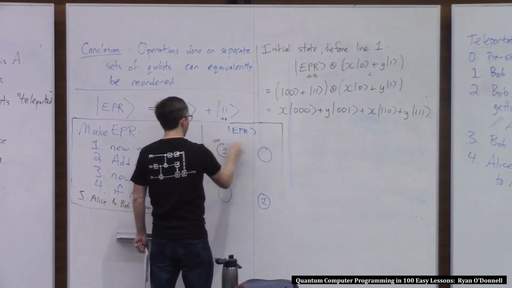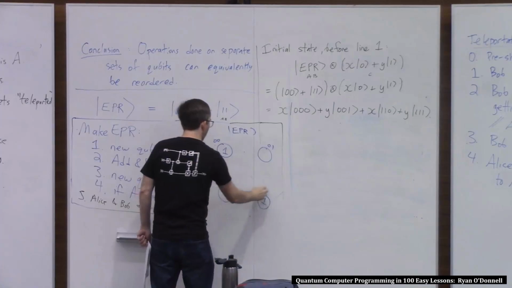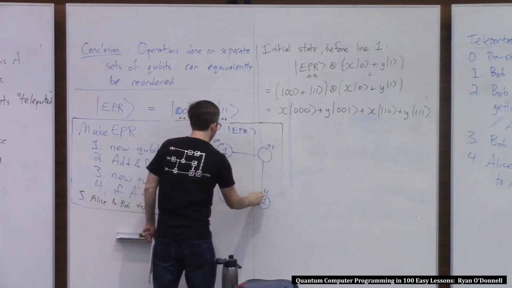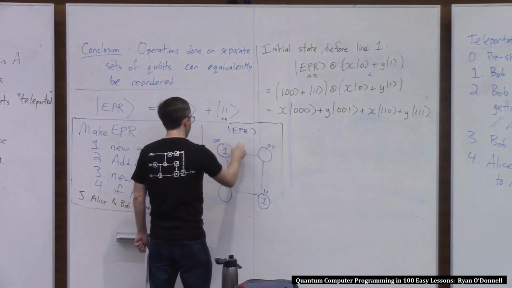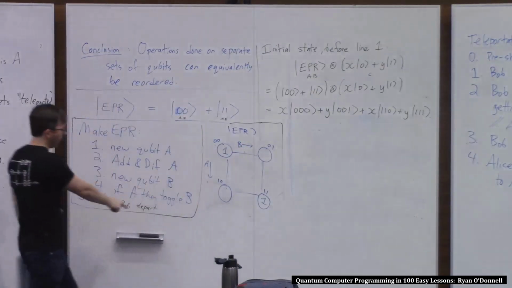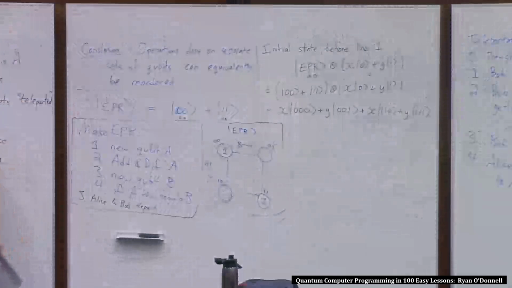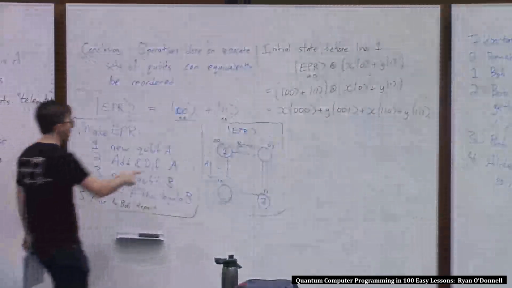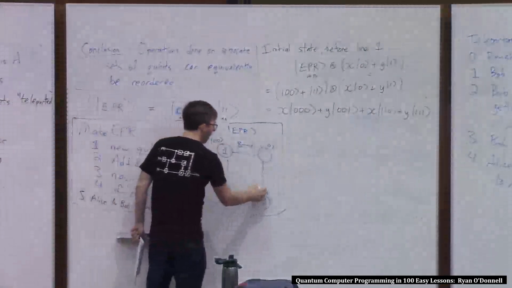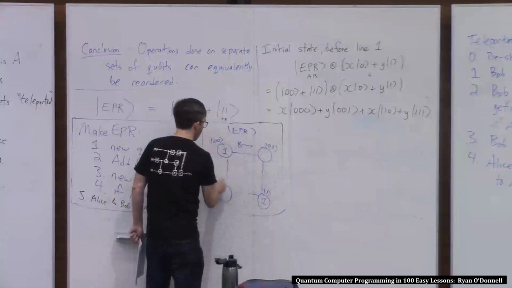This is 0,0, 0,1, 1,0, 1,1. A is going down and B is going across. This is the picture of the EPR state, and I'm going to use the convention that a blank bubble means 0. So we have 1 amplitude on 0,0, 1 amplitude on 1,1, and no amplitudes on the other two.